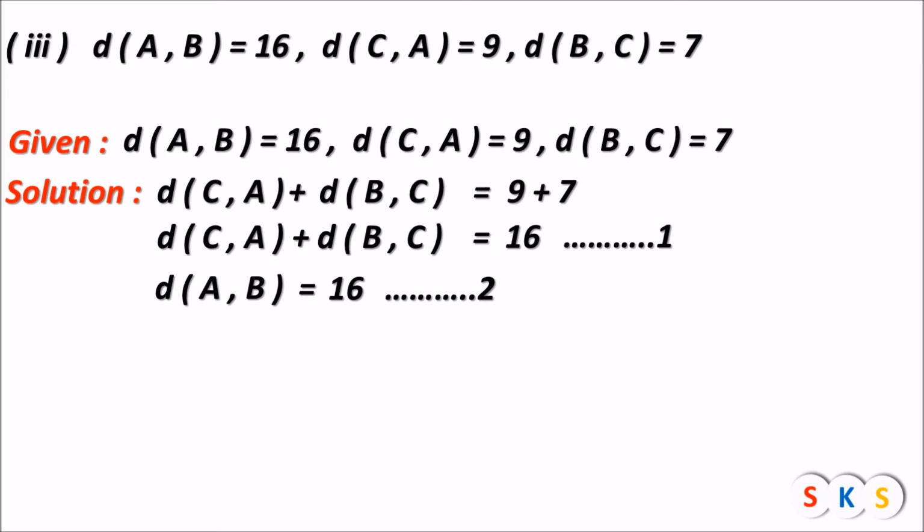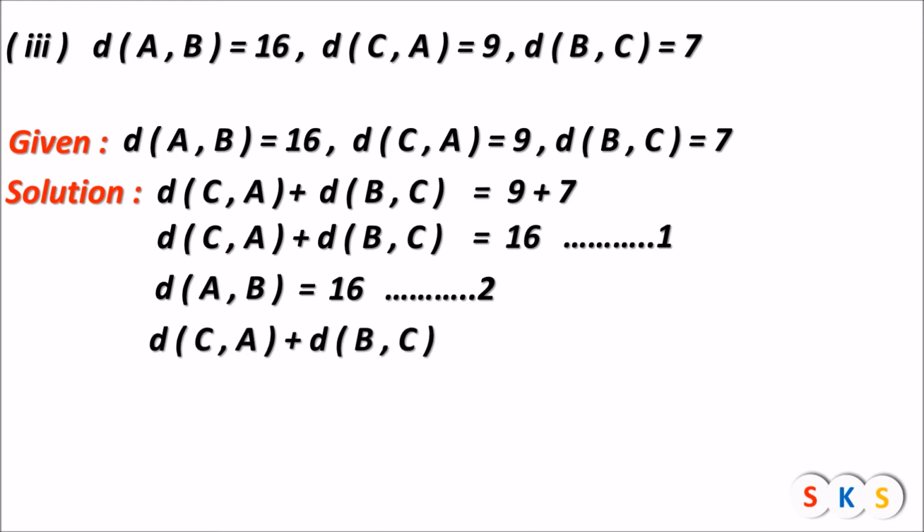Now here we'll compare equations 1 and 2. You can see the right hand side of equation number 1 is 16 and the right hand side of equation number 2 is also 16. It means the right hand sides of both equations are equal. Therefore, the left hand side of equation 1 will be equal to the left hand side of equation number 2.